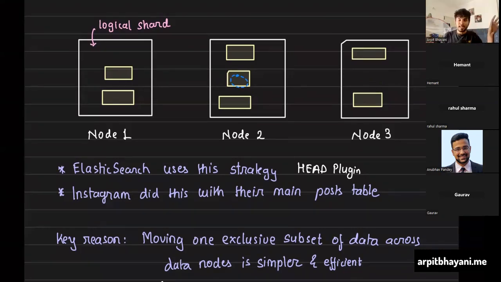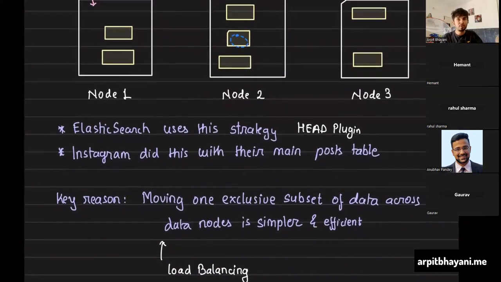Not just that. If you have used Elasticsearch, when you create an index, you specify the number of shards that you want. The number of shards is how the data would be distributed across your Elasticsearch cluster. Using the Elasticsearch head plugin, which is a very amazing plugin, you can literally drag and drop a shard from one physical node to another physical node, and it would do that movement for you.